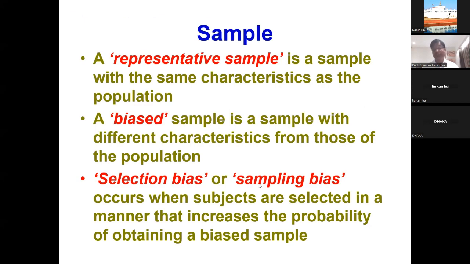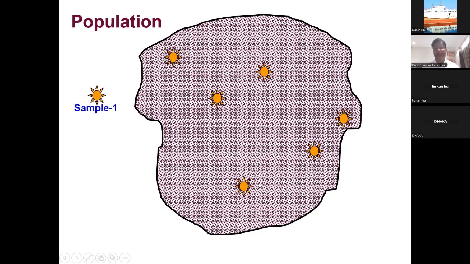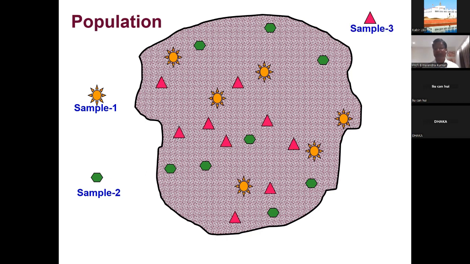So suppose this is our population. If you see, out of the population there are four samples. Suppose a person is making a study of a family of persons. Suppose there is a district, and out of the district there are villages.